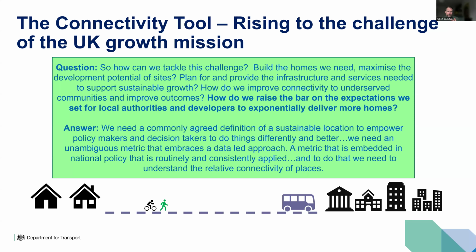And the answer to that for us was that we needed a commonly agreed definition of what a sustainable location is to empower policymakers and decision takers to do things differently and better. And to do that, we thought we needed to take a data-led approach, create an unambiguous metric that is used routinely and consistently applied at a national and local level. And to do that, we thought we needed to understand the relative connectivity of places. Next slide, please.